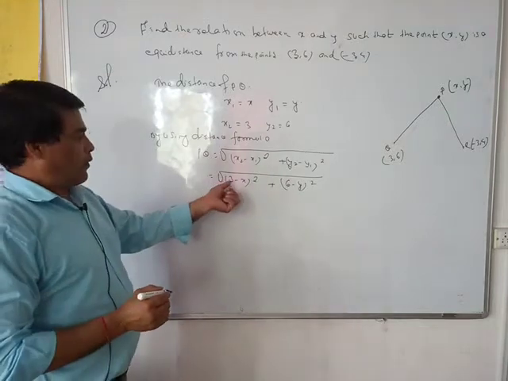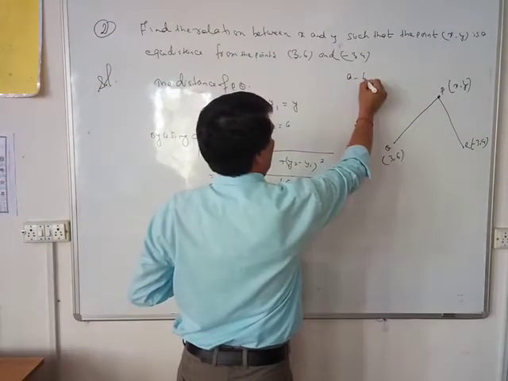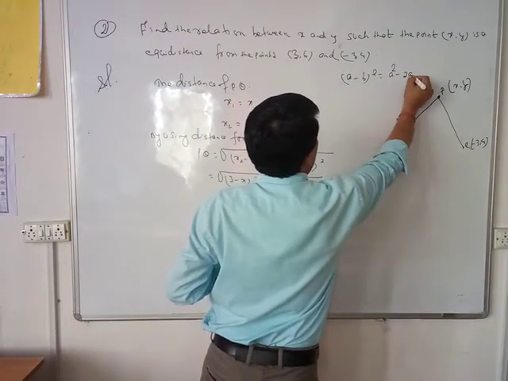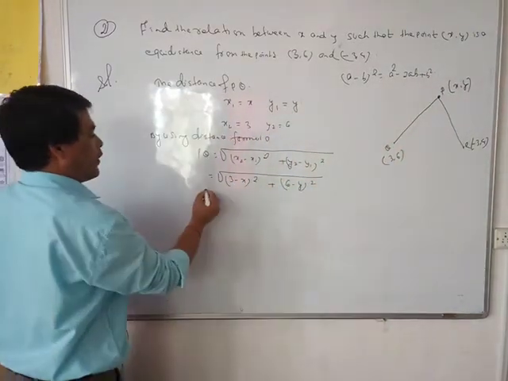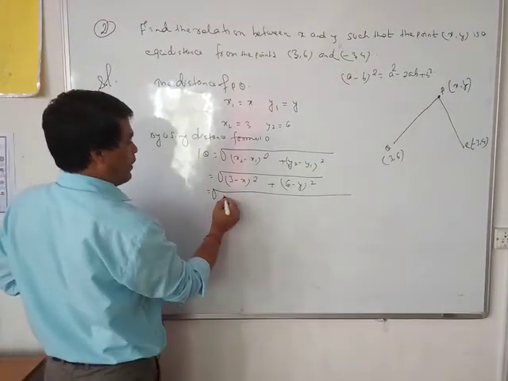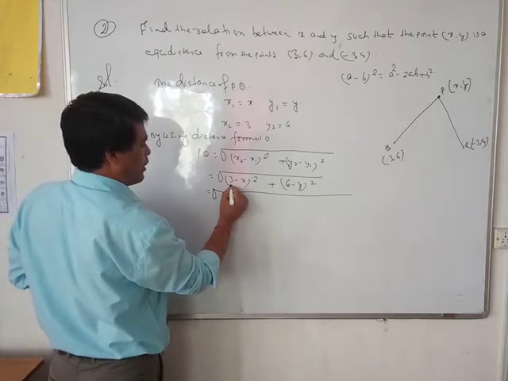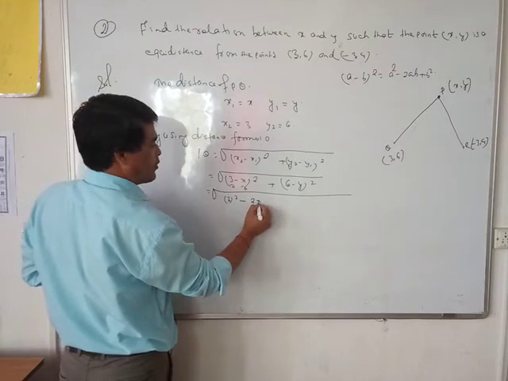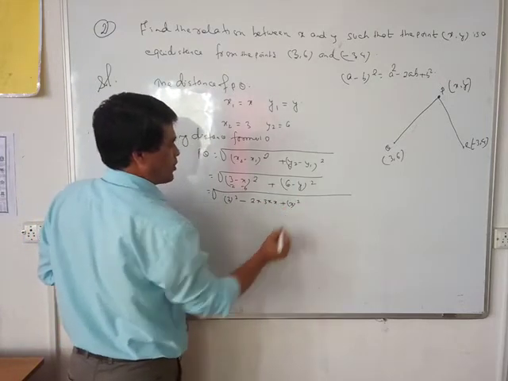Then we have to use the formula a minus b whole square. A minus b whole square equals a square minus 2ab plus b square is our formula. On that formula, we will expand it. Here a means 3 and b means x: a square minus 2, a means 3, b means x, plus b square.